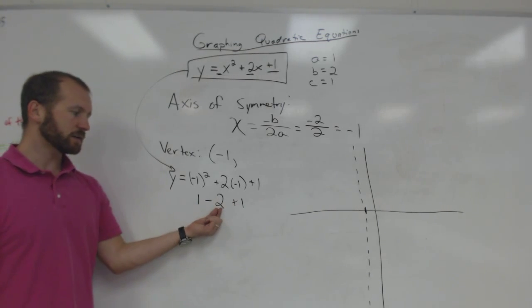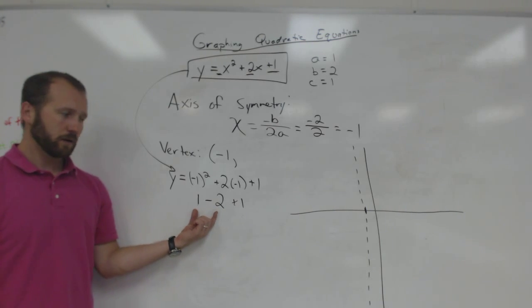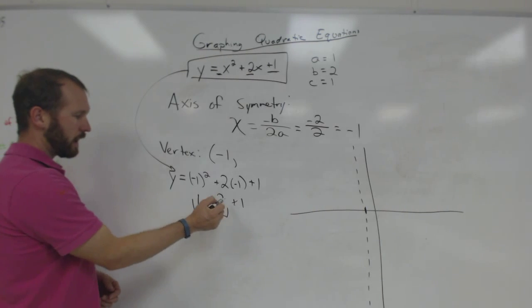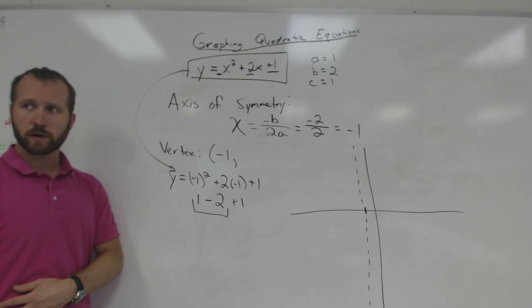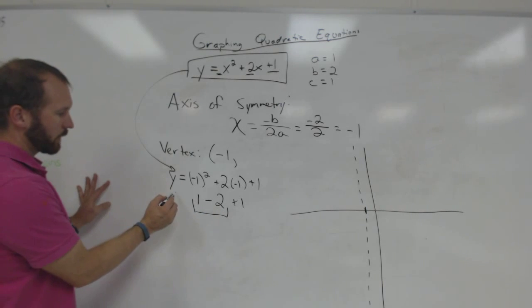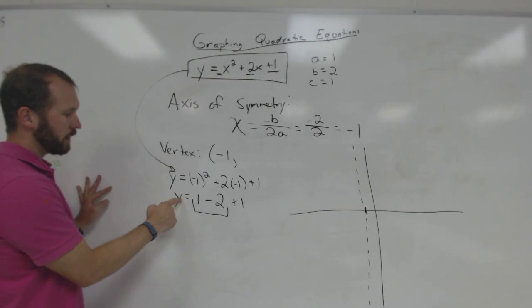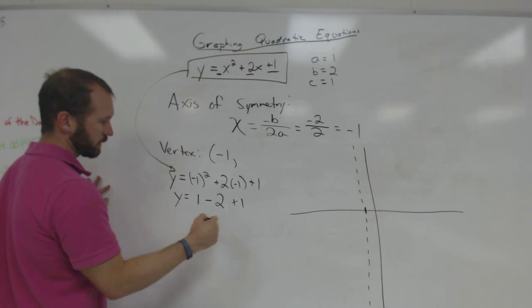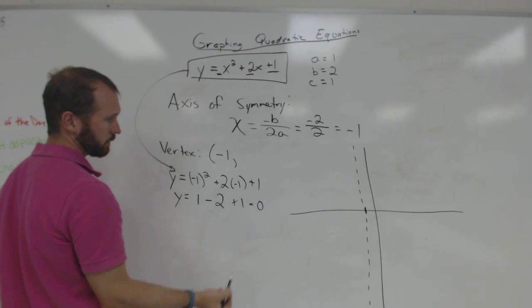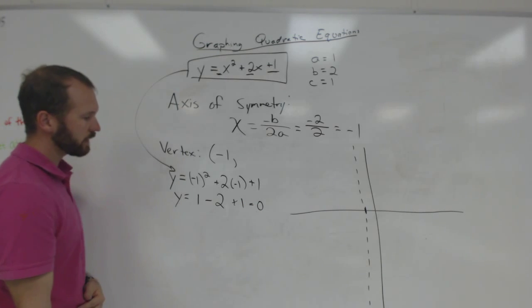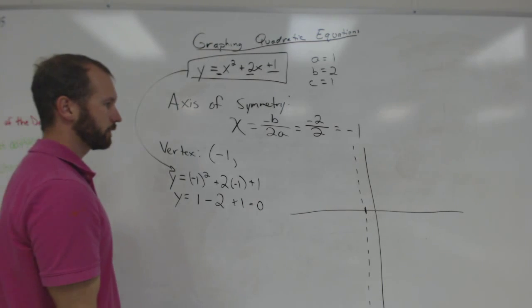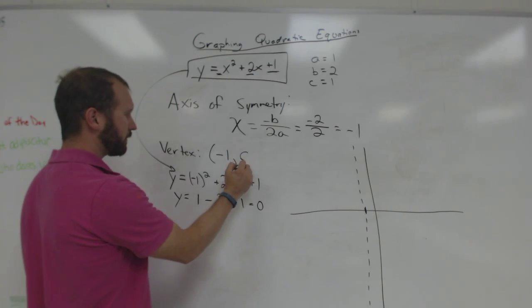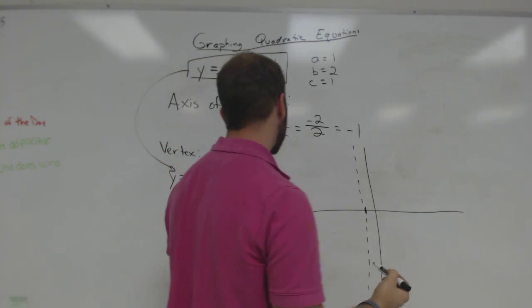Remember, this will always happen. These will always be opposite in sign, and this will always be twice as big. So y equals 1 minus 2 plus 1, which is 0. I think. Yeah. So our vertex now, we have both coordinates, is negative 1, 0.